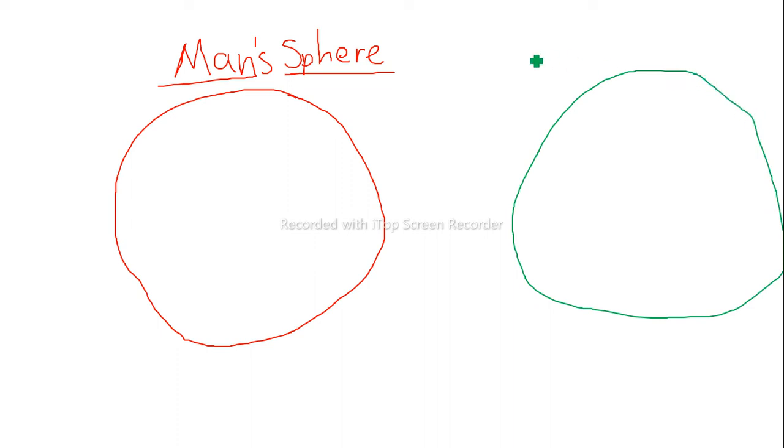The man sphere is anything that is okay for a man to do, and the woman sphere is anything that's okay for a woman to do. So we're going to go into the passage and see what's inside the man sphere and what's inside the woman's sphere.